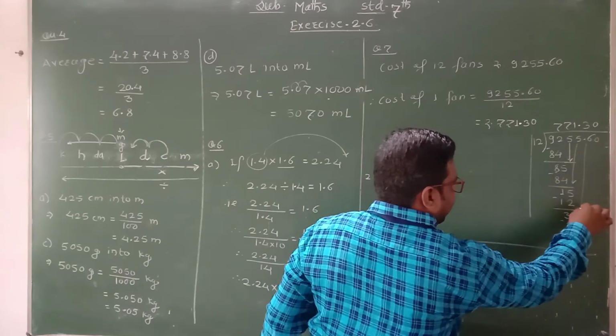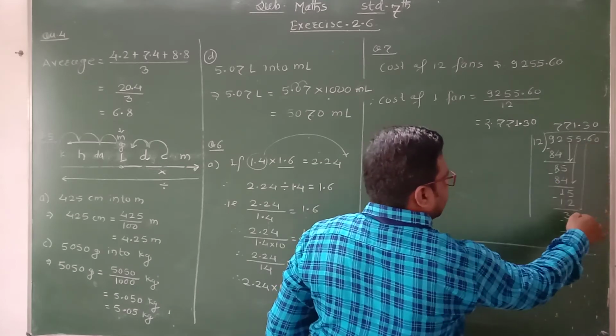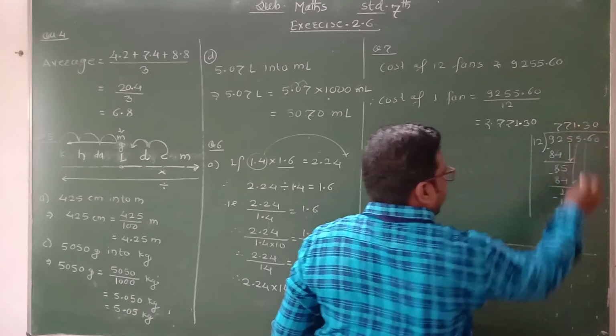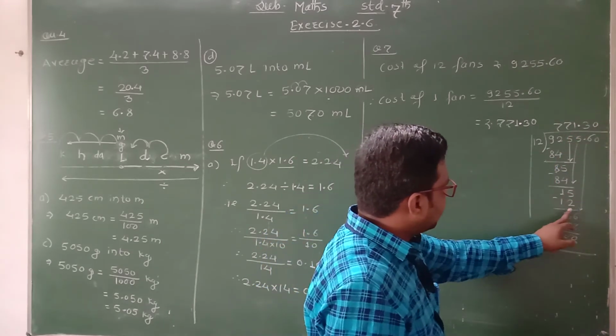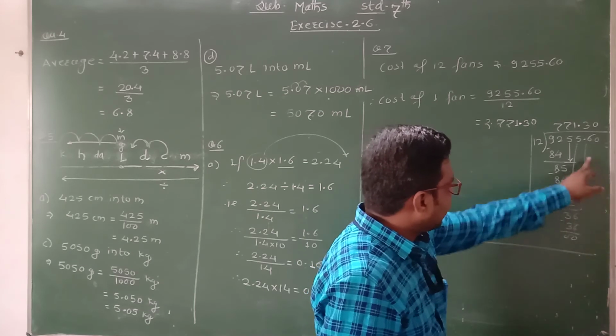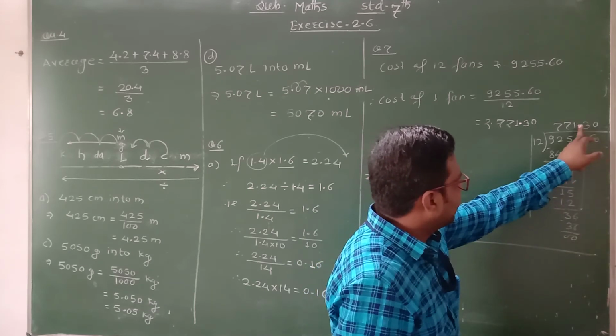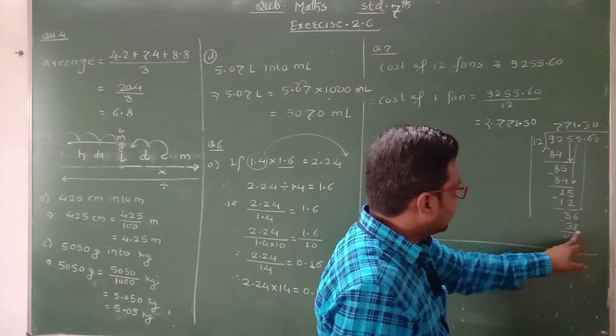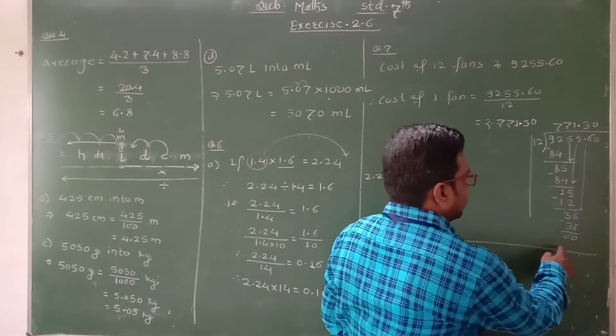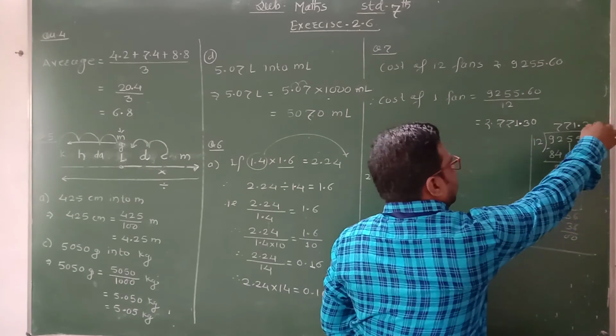Then the next number after the decimal point, that is 6. Therefore here I put the decimal point. 15 minus 12, this is 3, and here I take the 6 after the decimal point. Then 12 threes are 36. 36 minus 36, here we get 0. The last number 0, we can put the 0 here.